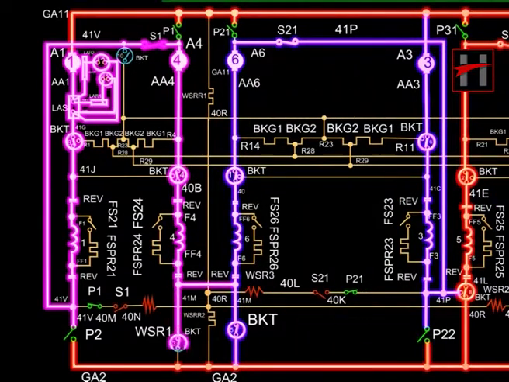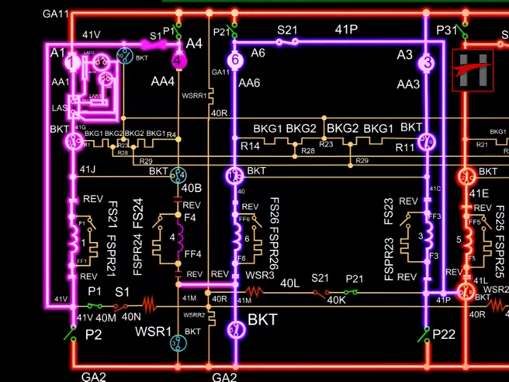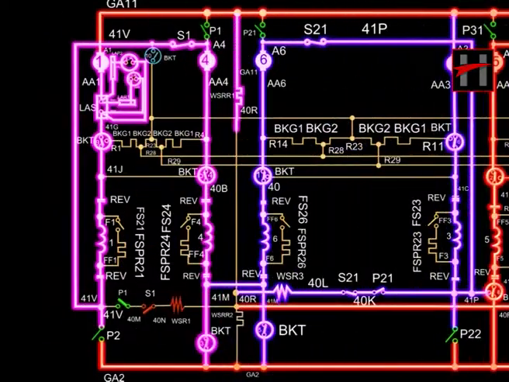The current completes its path through cable GA2 via reverser contact and BKT contact 3 in the motoring mode. The wheel slip protection in the 1-4 combination is provided by WSR1, which is connected through the normally closed interlock of the parallel power contactors.